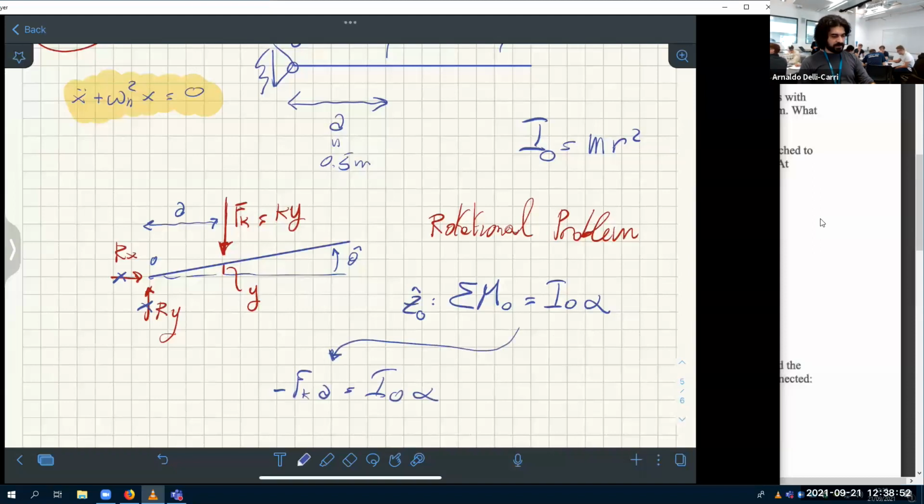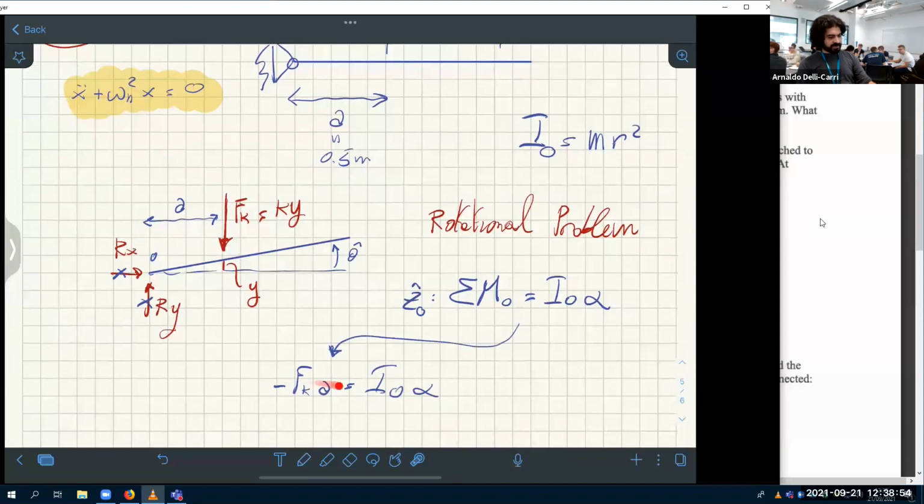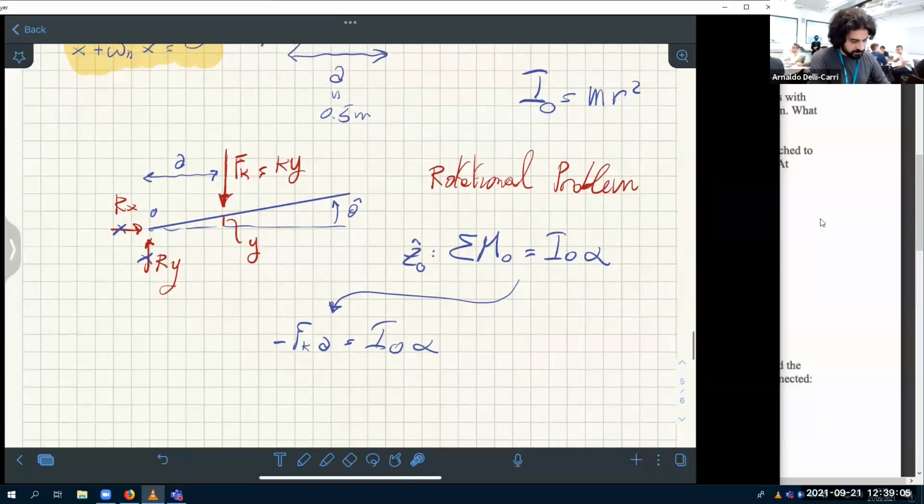Okay, this still doesn't look even remotely like this yet. So we have to do some manipulations. The equation is correct, but it doesn't look like this, so make it look like this. First of all, Fk, as I said, is Ky. So it's minus K y A. Let's just rearrange this.